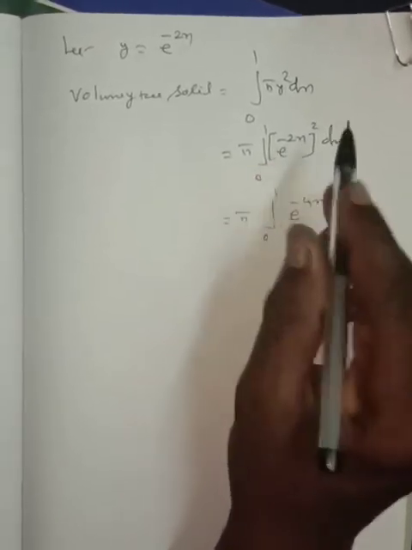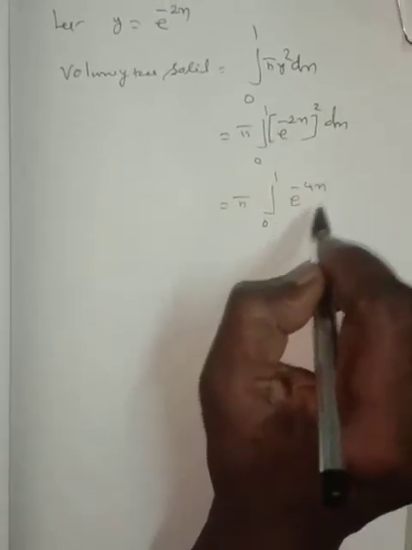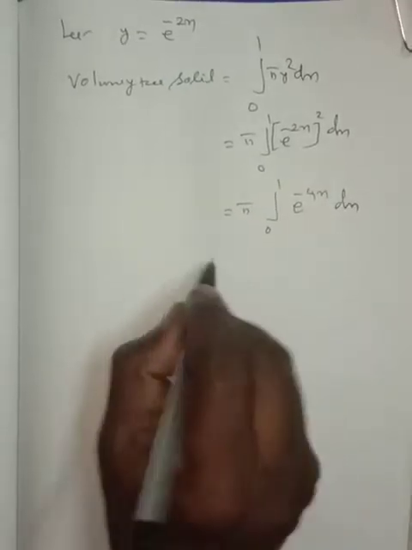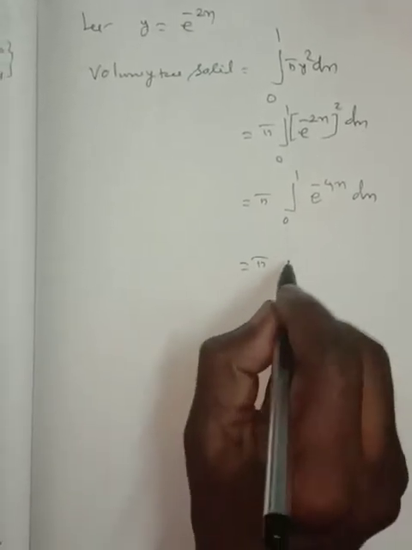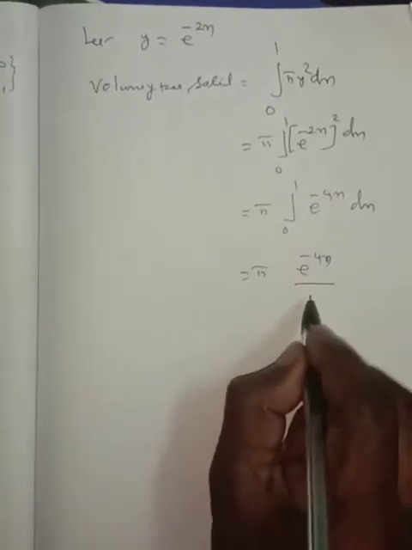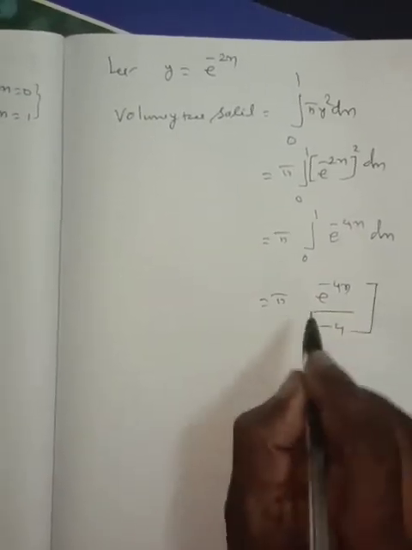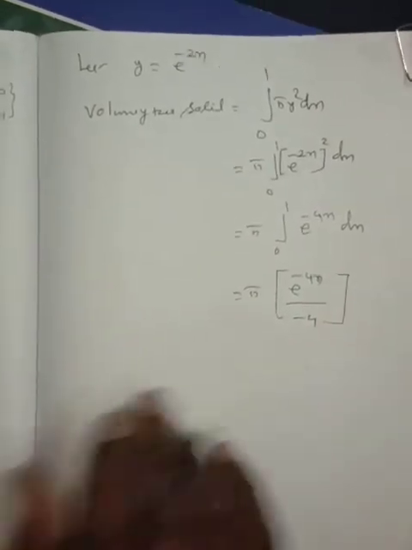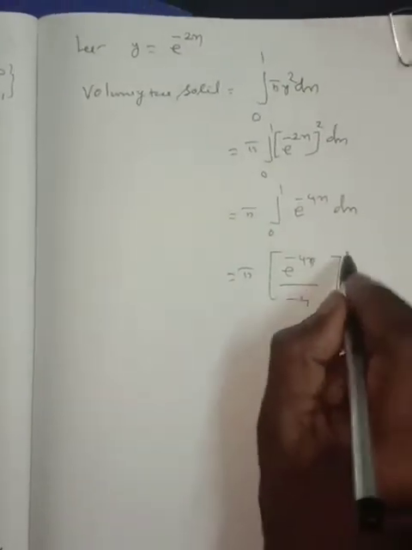So pi integral of e to the power of minus 4x dx. Integrating, we have e to the power of minus 4x divided by the coefficient of x term, minus 4, taken over the limit 0 to 1.